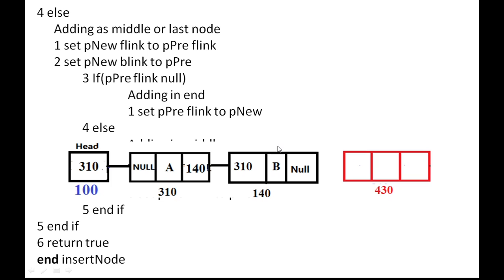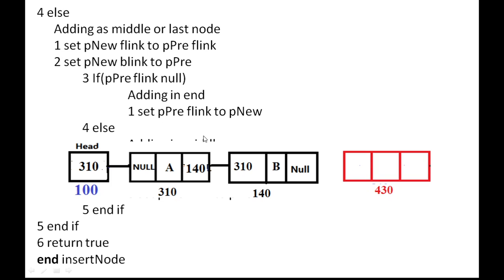Okay, see, this is actually p pre, and we want to insert after that. So we have to copy that value of the p pre into the b link of the new node, and the forward pointer of the new node is going to be null, and the forward pointer of the p pre node is going to be new node.